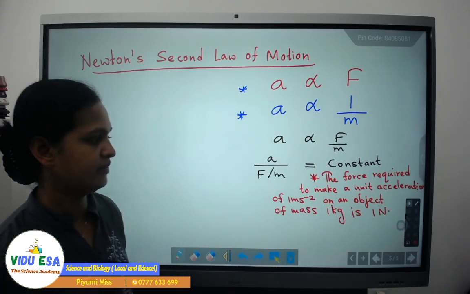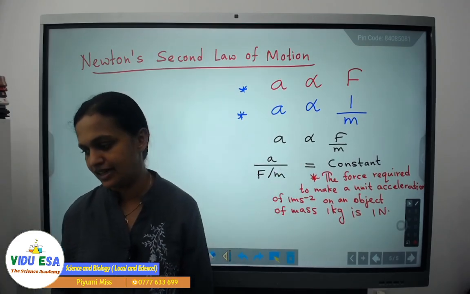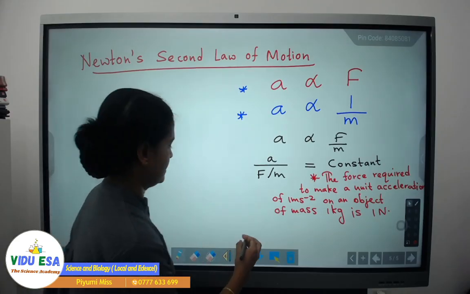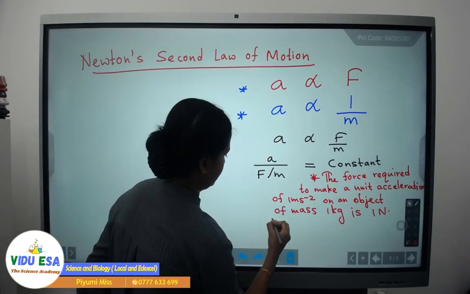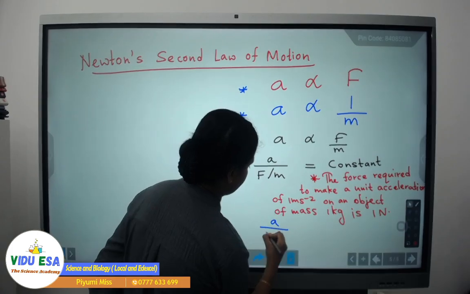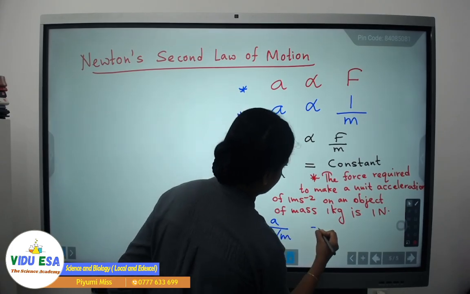Unit means 1. That is how we can define this constant. So here we write A divided by F over m is equal to 1.